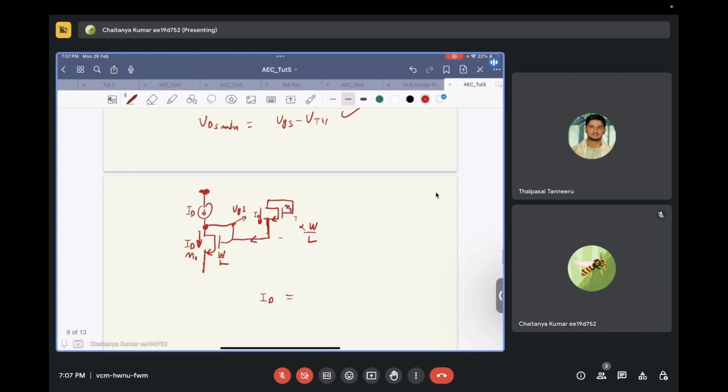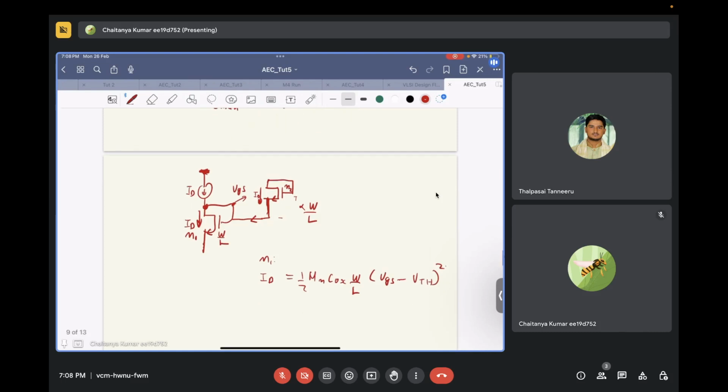If ID is equal to, for M1, what you have is half mu n Cox W by L times VGS minus VTH whole squared. Let's forget about 1 by lambda for now.